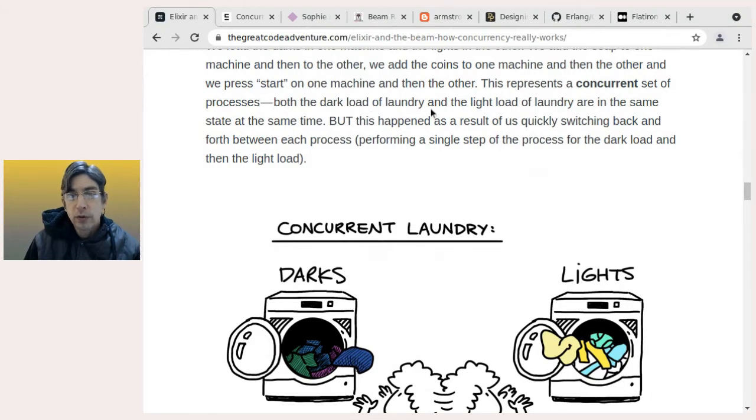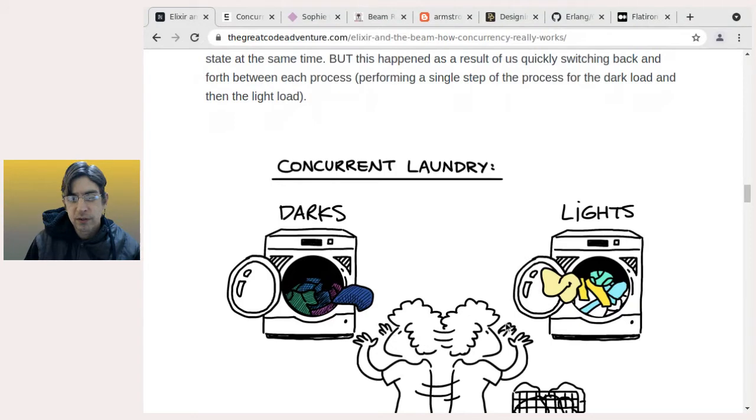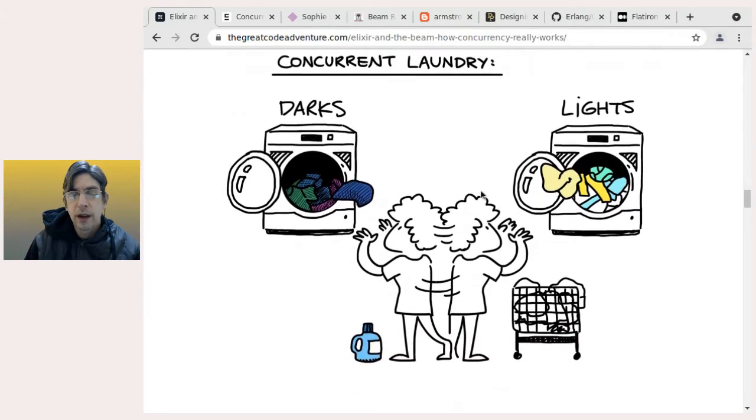Both the dark load of laundry and the light load of laundry are in the same state at the same time. But this happened as a result of us quickly switching back and forth between each process. This is the switch, performing a single step of the processes for the dark load and then the light load.